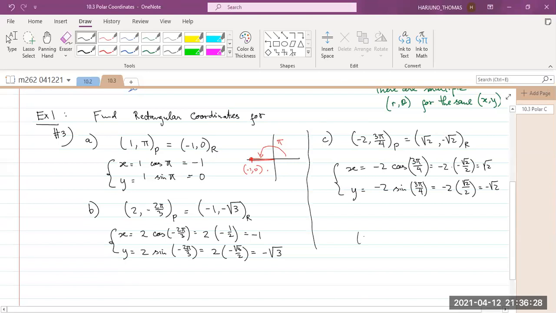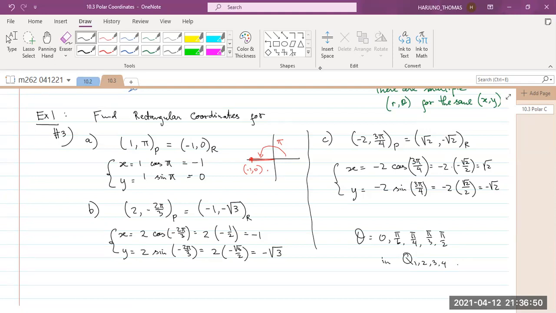The ones where theta equals 0, pi over 6, pi over 4, pi over 3, and pi over 2 in quadrant 1, quadrant 2, quadrant 3, quadrant 4. Now those 0, pi over 6, pi over 4, pi over 3, pi over 2 are these angles in quadrant 1. Then we have reference angles for quadrants 2, 3, 4 also.